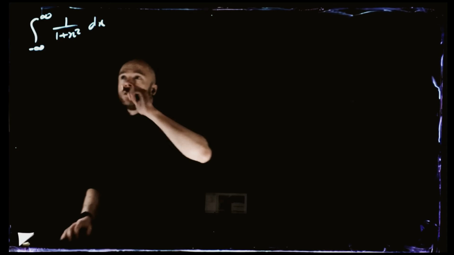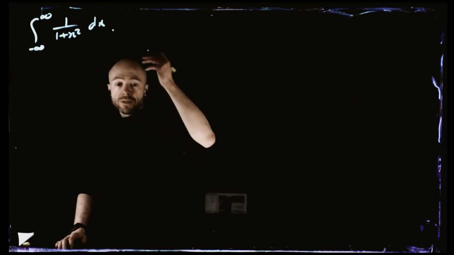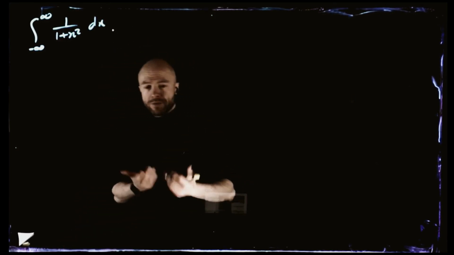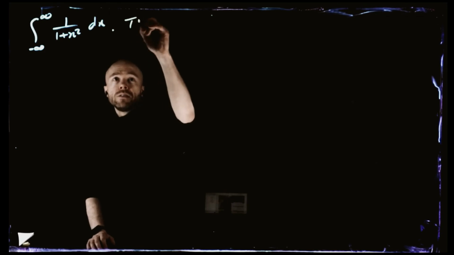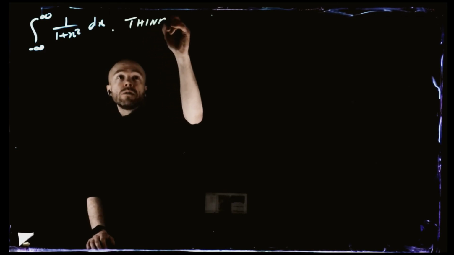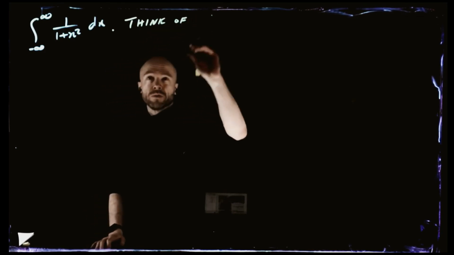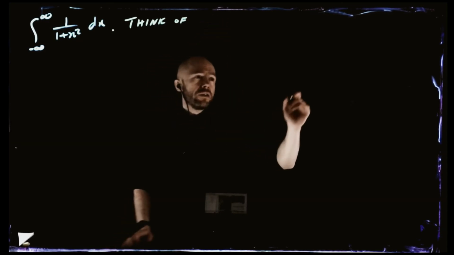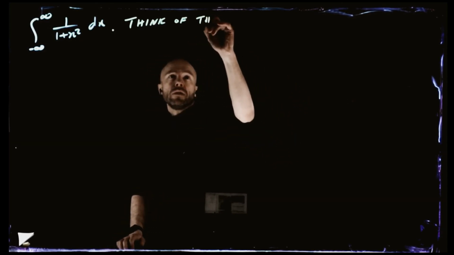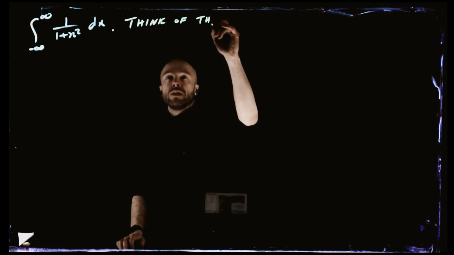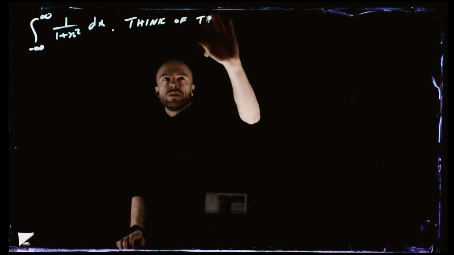So if we want to do this from the residue theorem, then we're going to have to think of this as a contour integral, or part of a contour integral. So I'll think of transforming this into a contour integral.